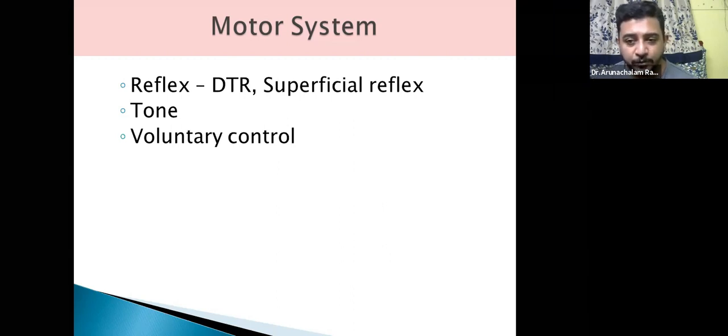Now I'll put one direct question to you. Why do you get an extensor plantar response when you are doing a Babinski sign? We say that the Babinski sign is positive only when there is an extensor plantar response. Why do we say so? Anybody?